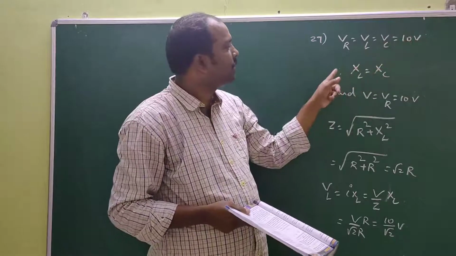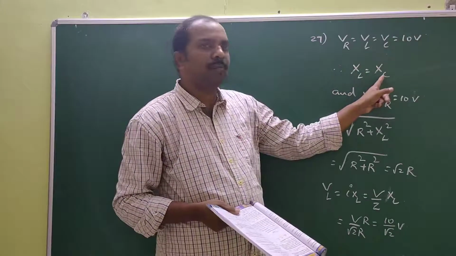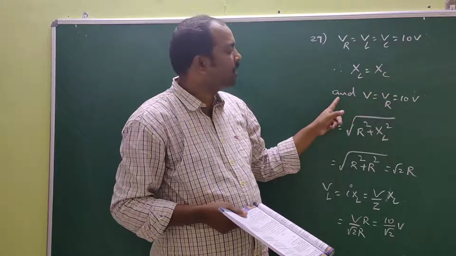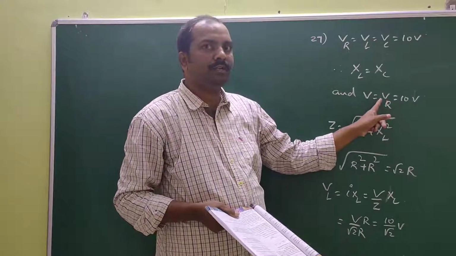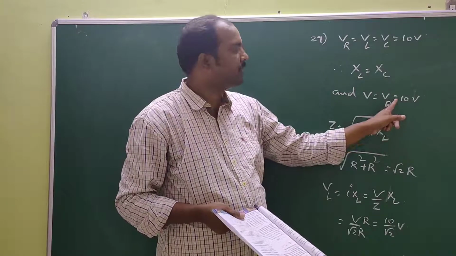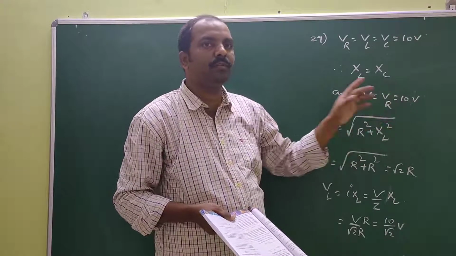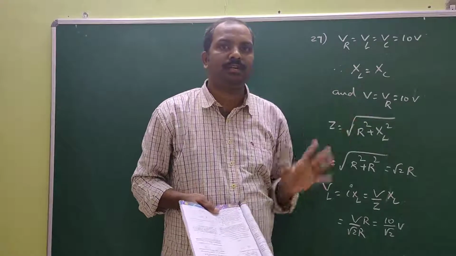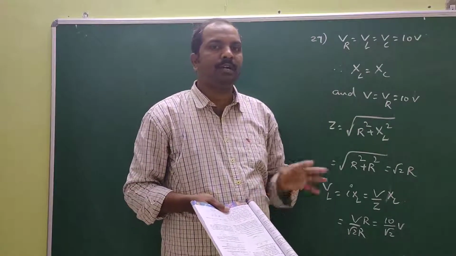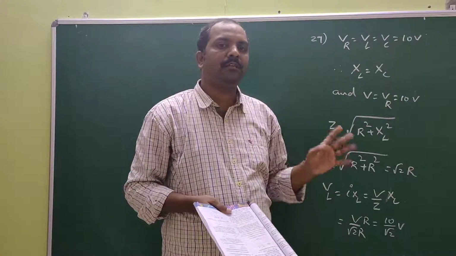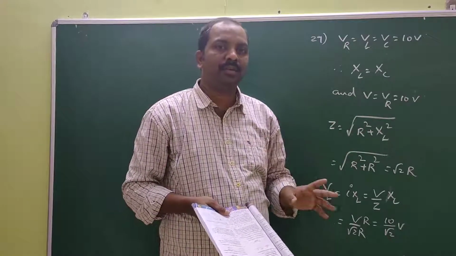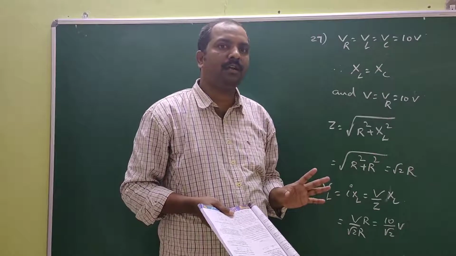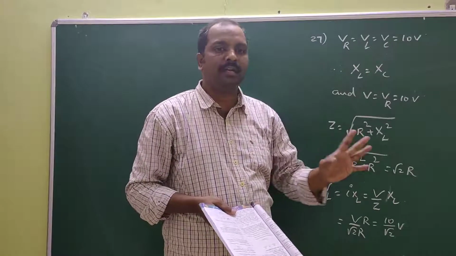Therefore inductive reactance is equal to capacitive reactance, and the applied potential equals the potential difference across resistance, that is 10 volt. Now the capacitor is short circuited. So what are the remaining elements? Resistor and inductor.